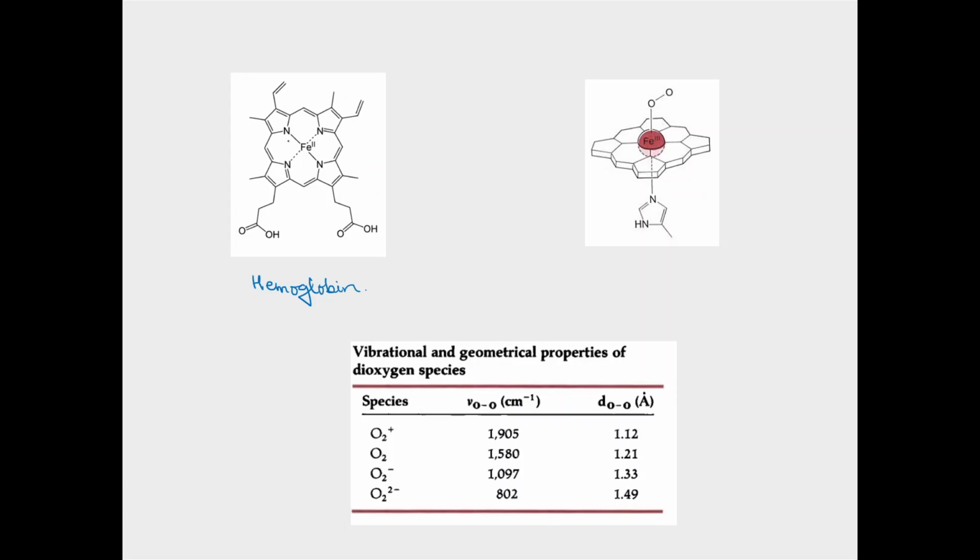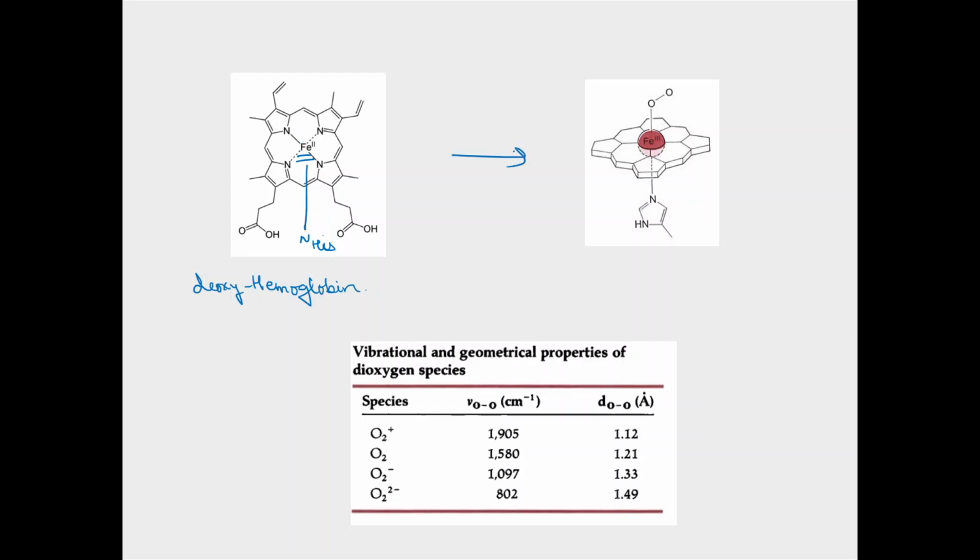In hemoglobin, we have an iron 2 center coordinated to 4 nitrogens from this porphyrin ring, and one more coordination is with one histidine residue from the protein chain. This is the structure of deoxyhemoglobin, and one coordination site is available.